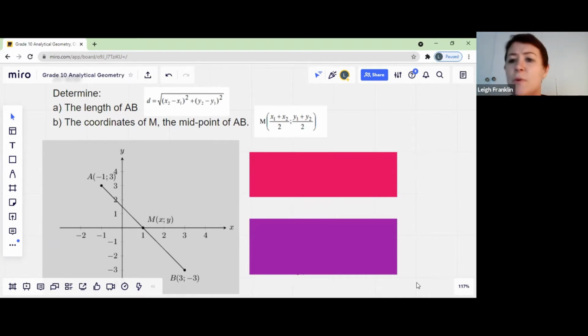Katlejo, did you manage to work out the length of AB? Not yet. Are you struggling with the substituting, Katlejo?